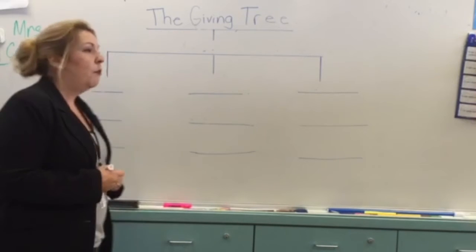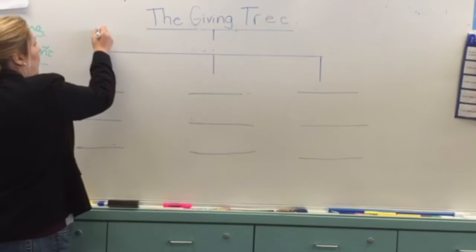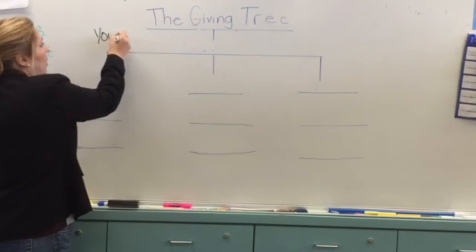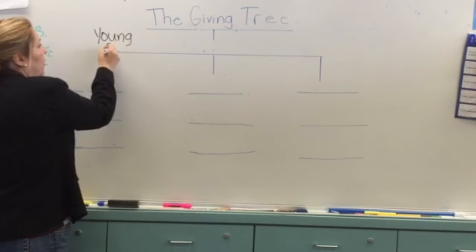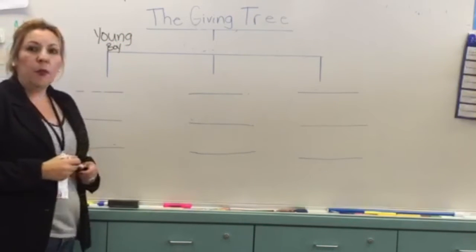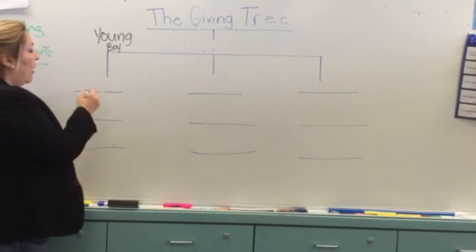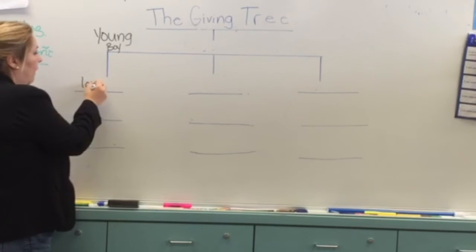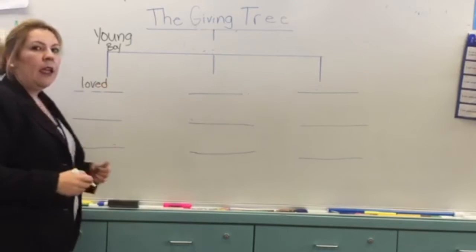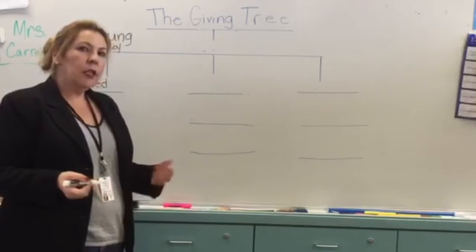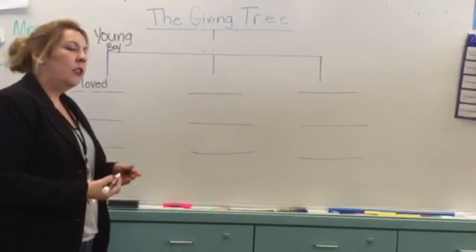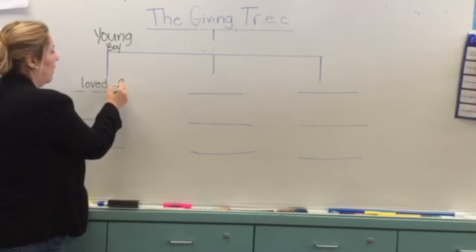So at the beginning, the boy is young. He's a young boy. So I would tell my class, let's first start talking about the boy when he's young. The tree and the boy loved each other. And maybe for my English learners, I would put a little heart to demonstrate what love is.